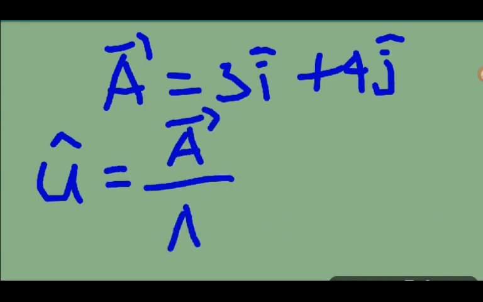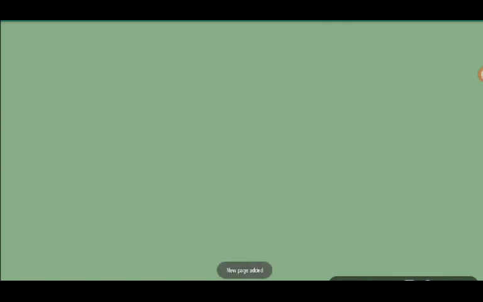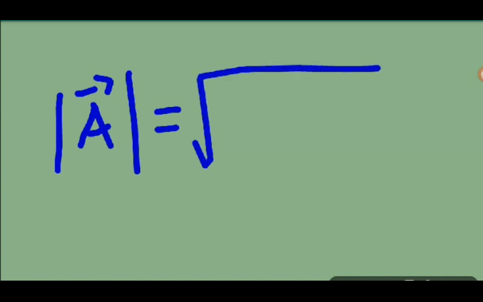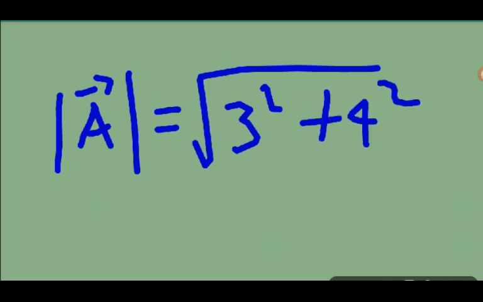So first we need to find the magnitude. So magnitude of vector A is equal to the square root of 3 squared, 3 in the i, plus 4 squared, 4 in the j. 3 squared is 9, 4 squared is 16, so we get 25. Square root of 25 is 5.